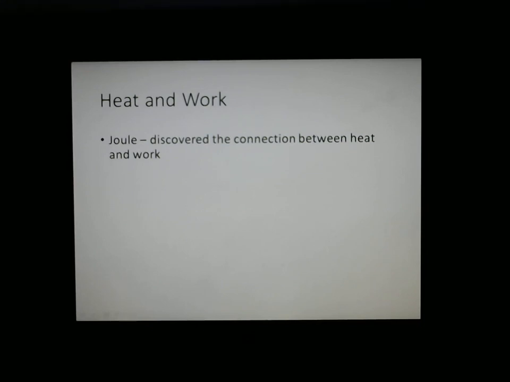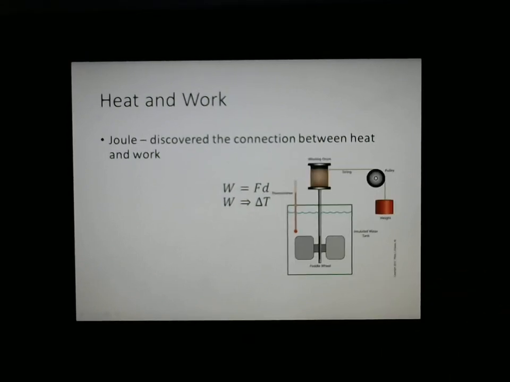And so what he did is he used a falling object to spin paddle wheels in a container of water. Oops, I don't have the diagram there. Here it is, sorry. Basically, here we have this falling weight. It pulls on this string and it spins the paddle wheel.